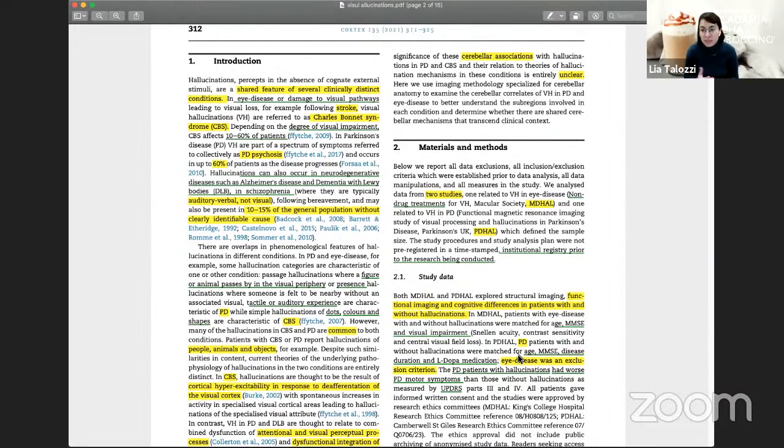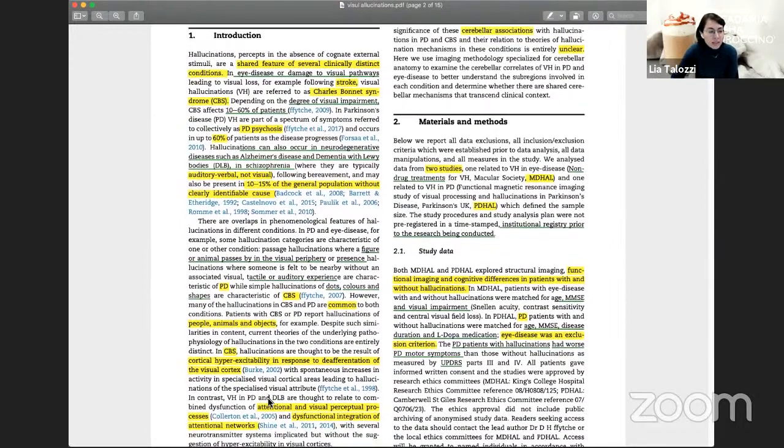As a consequence of this impairment in your visual pathways, you can have hallucinations. In fact, when they sum up the hypotheses from previously investigated studies, they say that if you have a deafferentation of the visual pathway and its connection to the visual cortex, the cortex can become hyperexcitable, and so you can have these visions that are not actually there.